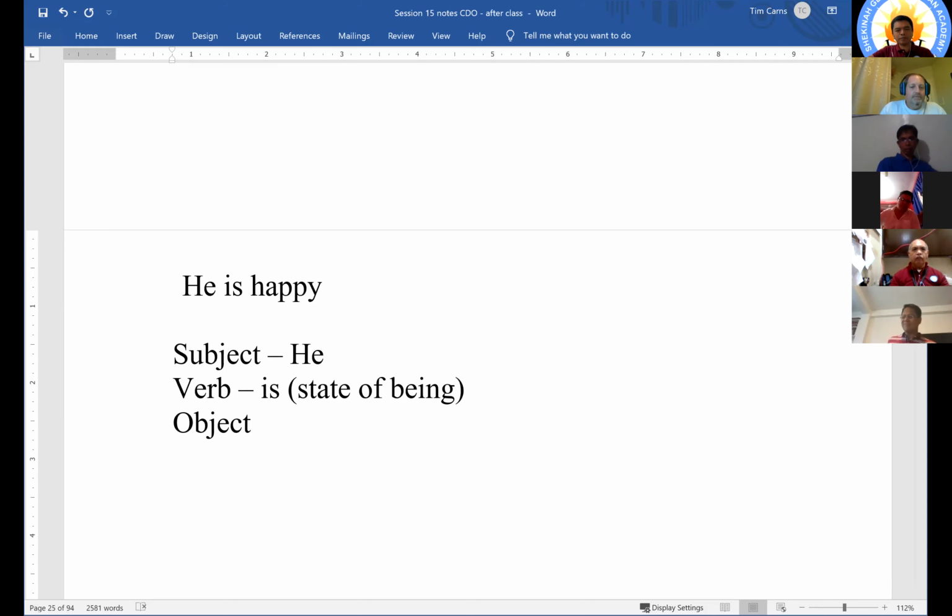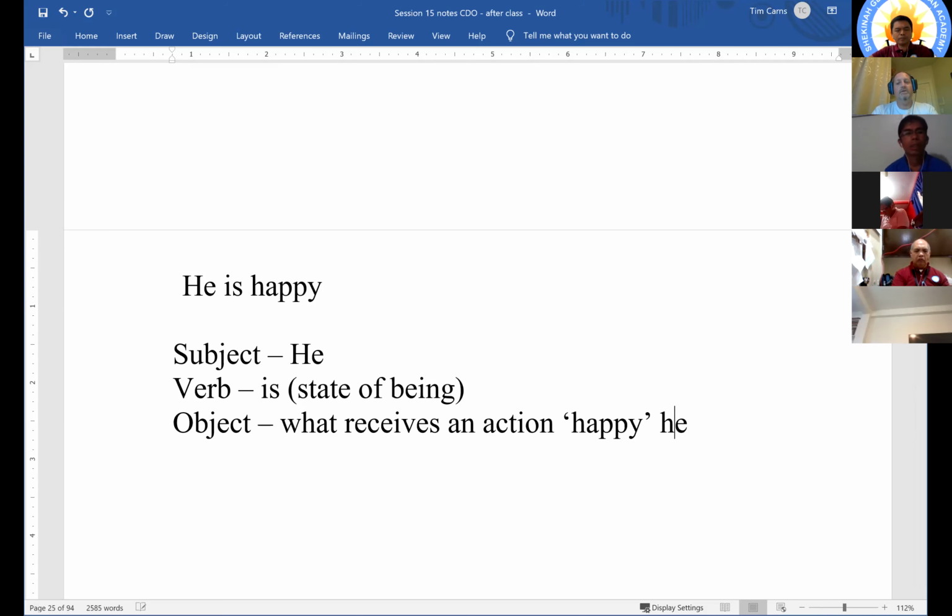So an object, again, remember, is what receives an action. Happy here is not receiving an action. It is describing the state of the subject.